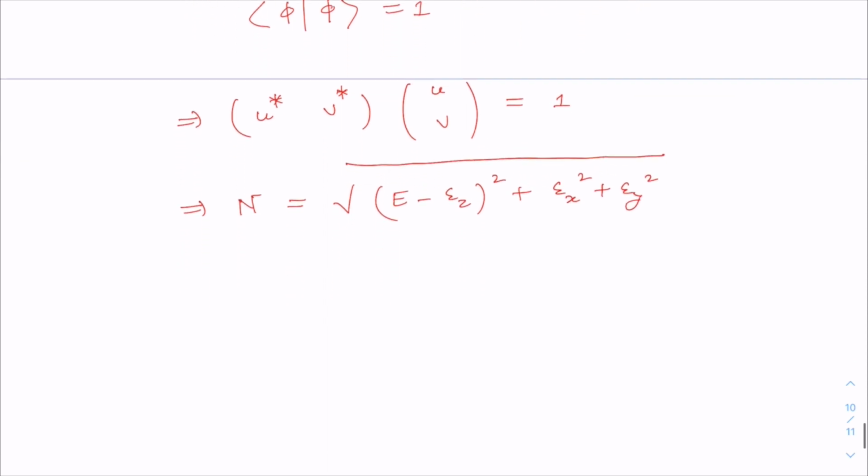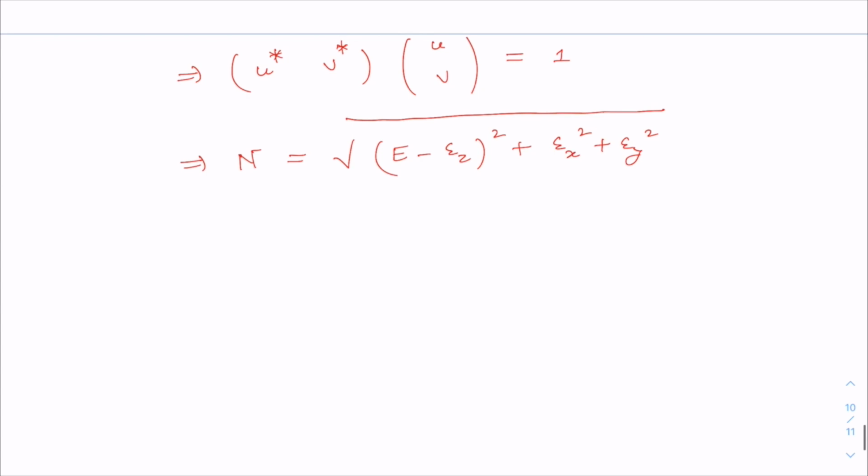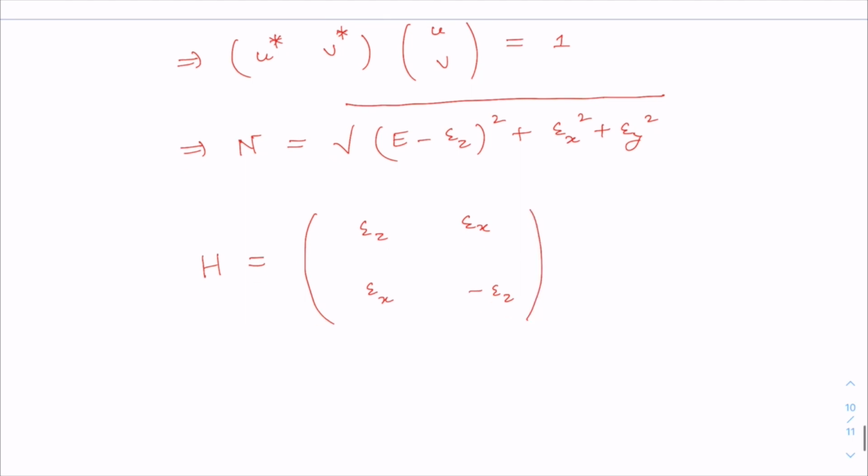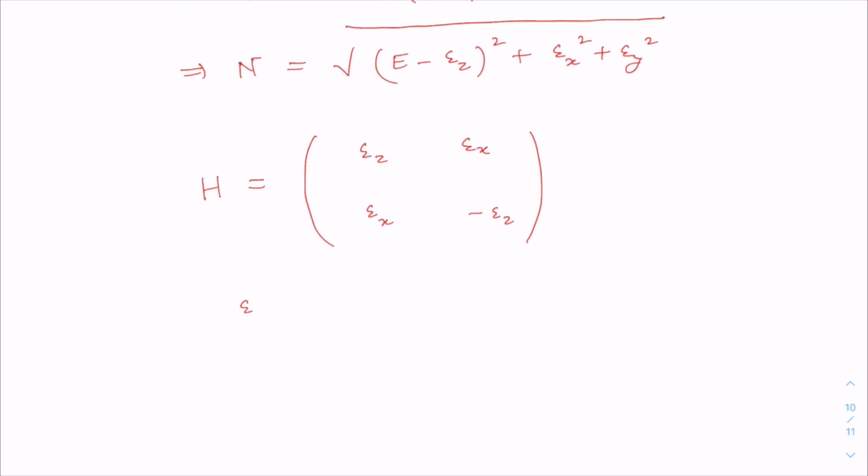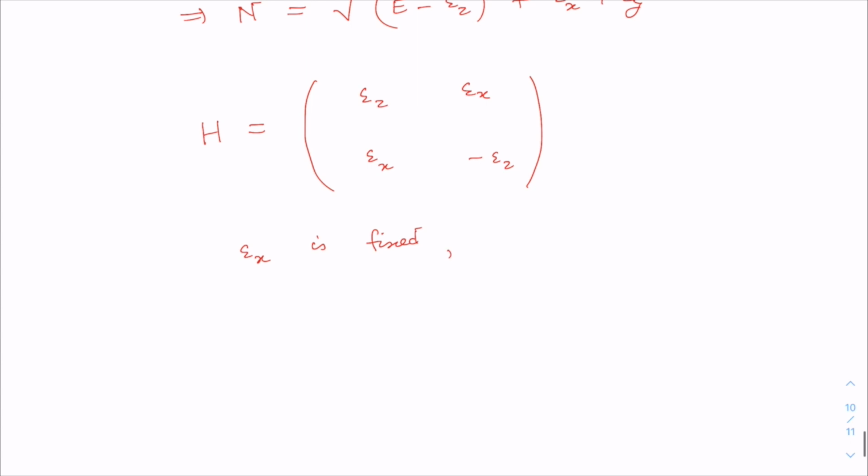Okay, to illustrate, let us again consider the Hamiltonian H = (ε_z, ε_x; ε_x, −ε_z). Let me consider ε_x to be fixed, as I considered earlier, and ε_z a controllable parameter.